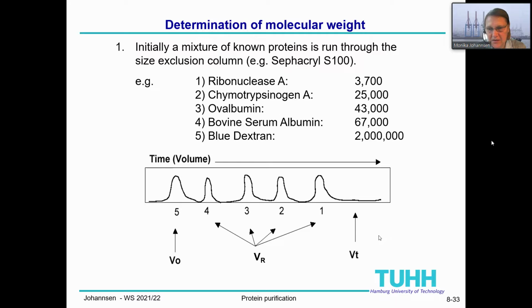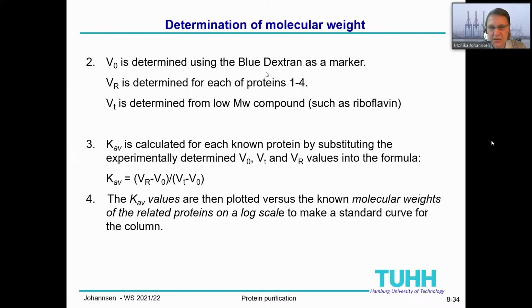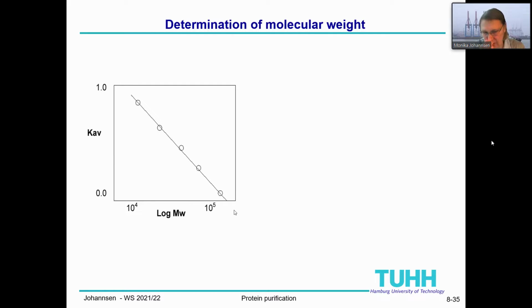The VT here, for example, is given by riboflavin. After that we can calculate the distribution constant for each of these proteins by the equation shown before, and then we can plot these distribution constants as a function of molecular weight on a logarithmic scale, and this gives a graph like that.